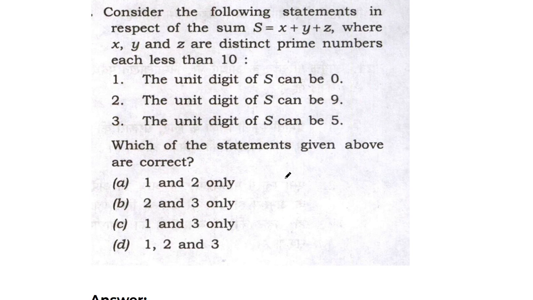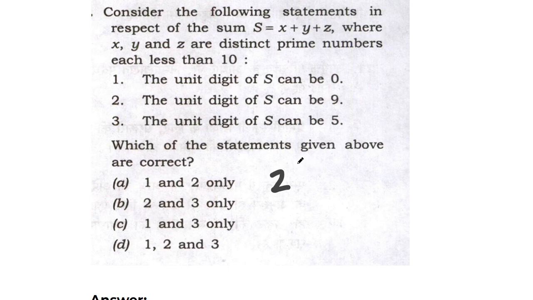Now, just think, what are the numbers which we call prime numbers? They are divisible only by 1 and itself, right? So how many prime numbers are there below 10? 2 is a prime number because it is divisible by 1 and itself, and not by any other number.